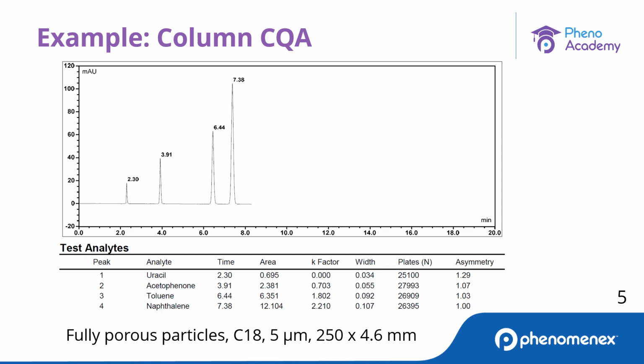And your LC system software usually calculates all of these for you, so you don't have to do that yourself. But if you know what goes into these calculations, then you know what happens in your chromatographic pathway of your analysis, which in turn helps you understand better where to troubleshoot your method or how to optimize your method.